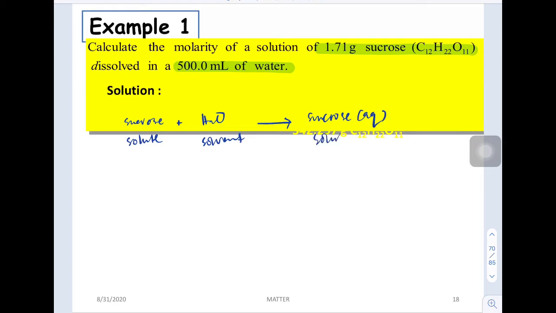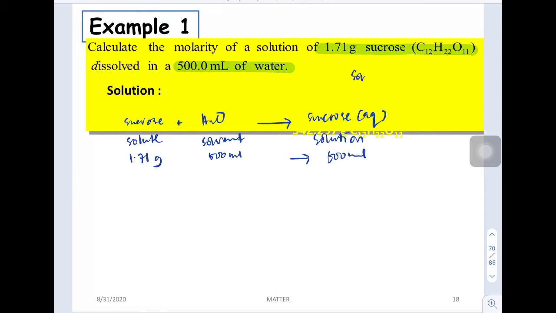This is our solution. Our sucrose is 1.71 gram, and the solvent is 500 ml, and it will form 500 ml of the sucrose solution.